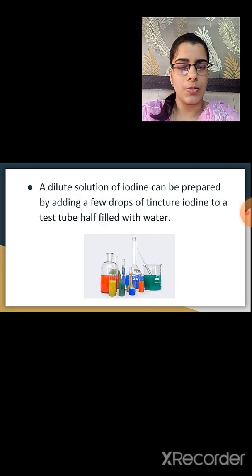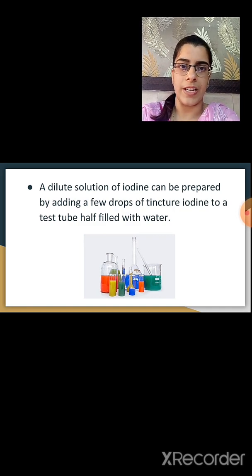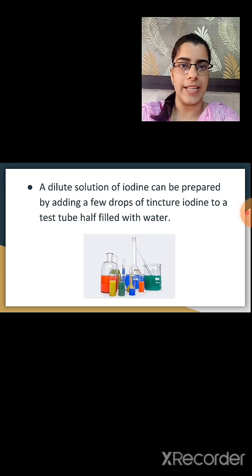So, how do we prepare the different chemicals? A dilute solution of iodine can be prepared by adding a few drops of tincture iodine to a test tube half filled with water.